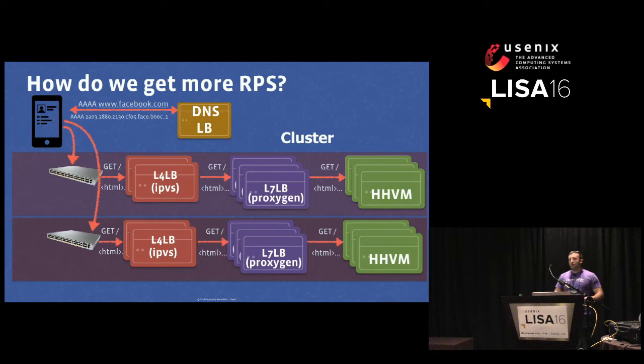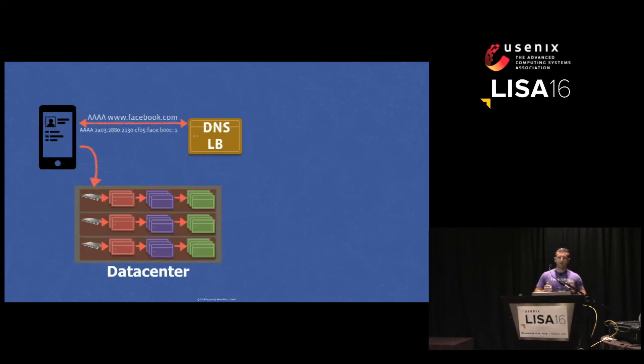What's important to note is we do have a lot of different cluster types. We have database clusters and kind of generic clusters, but for the purpose of this talk, we'll just focus on the front-end clusters. So we have multiple clusters, and multiple clusters are what we consider a data center. A data center just consists of multiple of these front-end clusters.